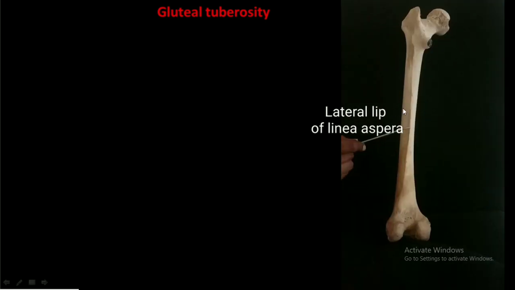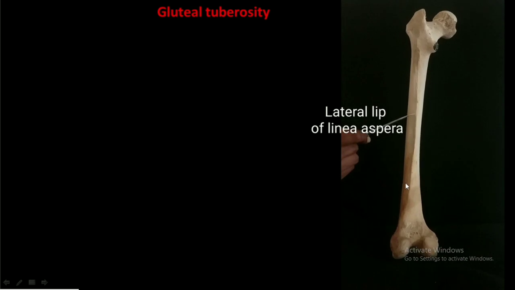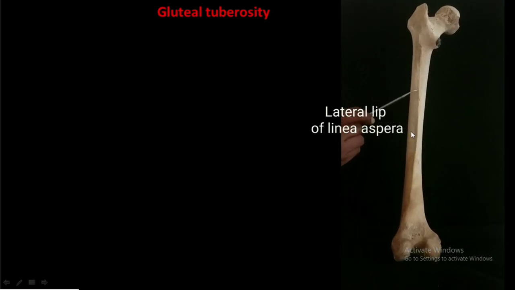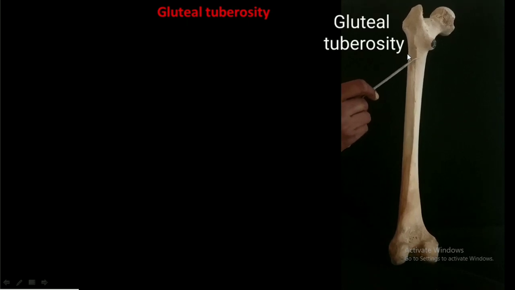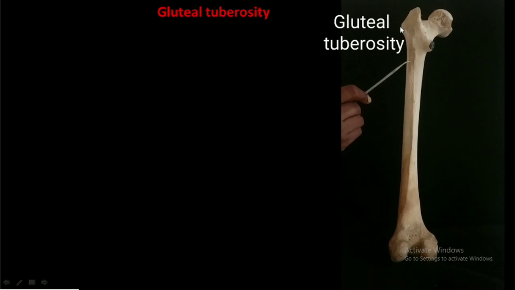Now in the posterior aspect, this is the lateral lip of linea aspera. Above it, it is continuous with the prominent ridge called the gluteal tuberosity.